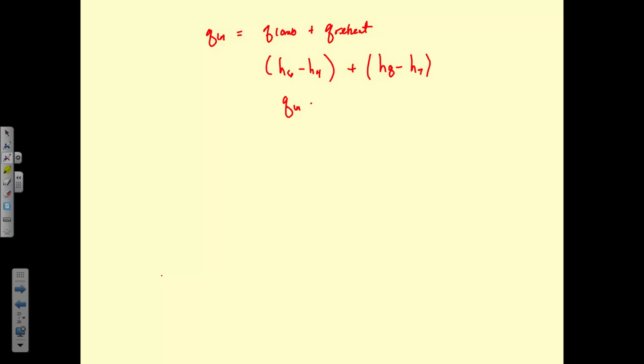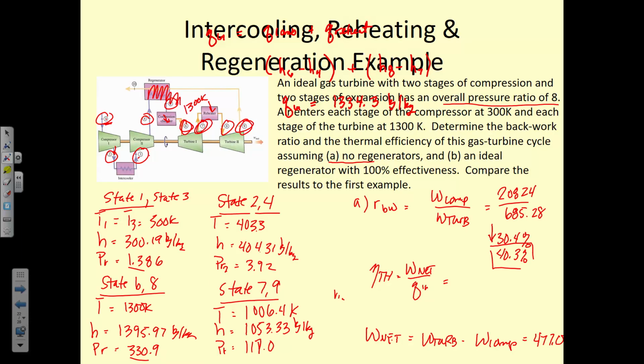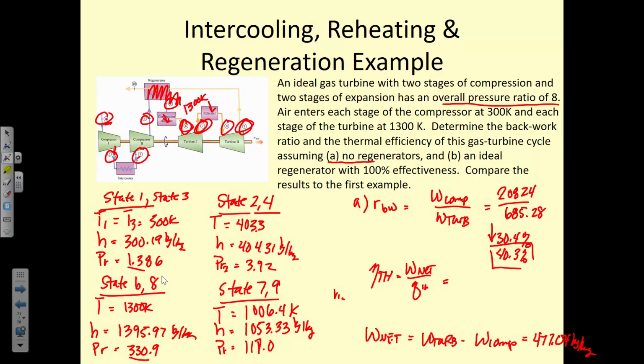So Q in is equal to 1334.3 kilojoules per kilogram. So let's put that back in our thermal efficiency equation. Work net over Q in, 477.04 divided by Q in, which was our 1334.30 kilojoules per kilogram.